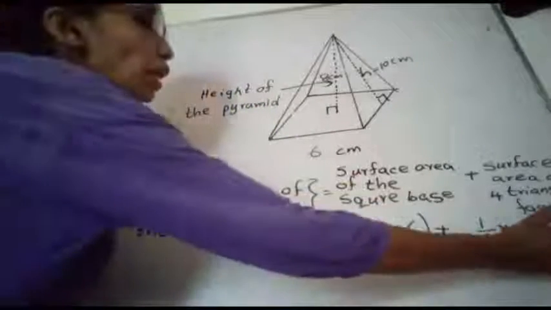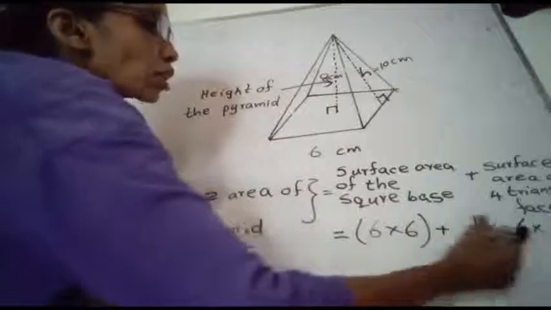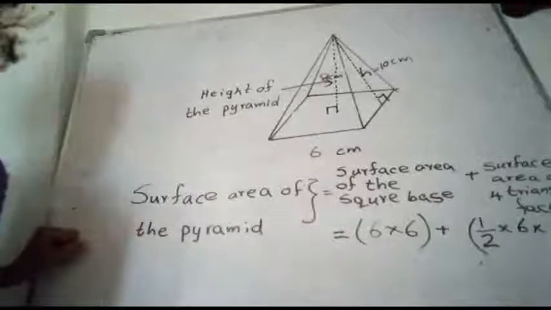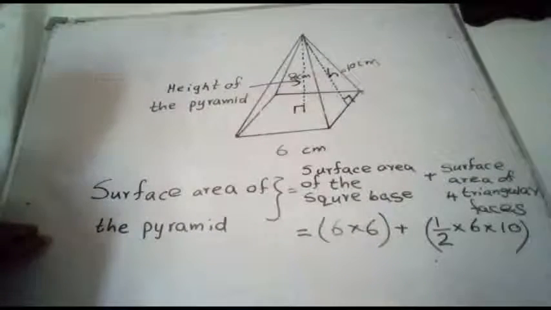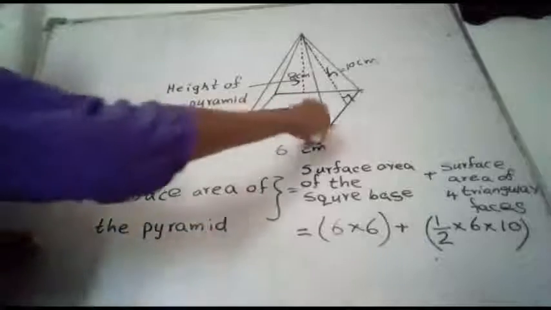Half multiplied by 6 multiplied by 10 is the area of one triangular face.